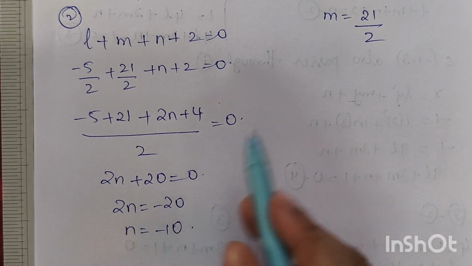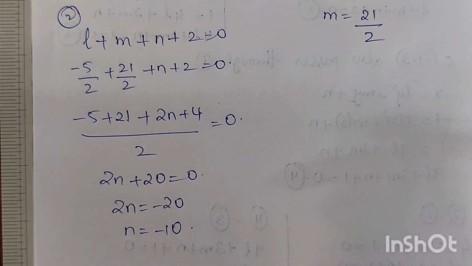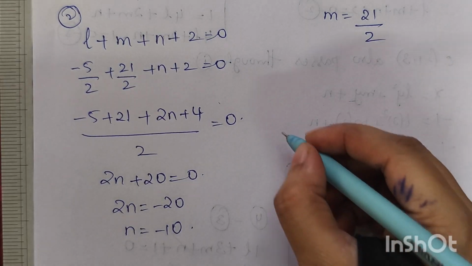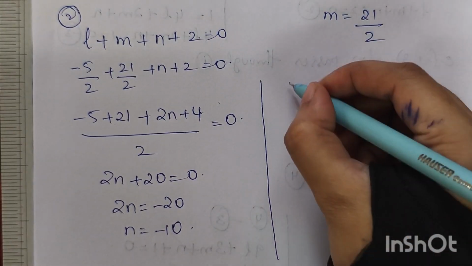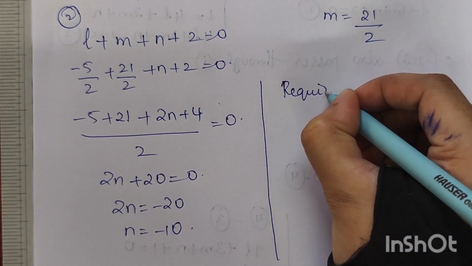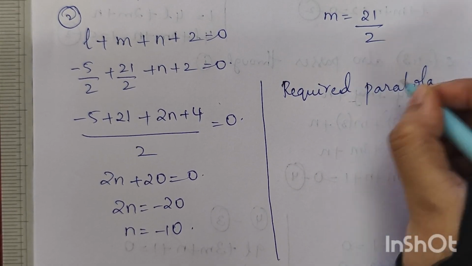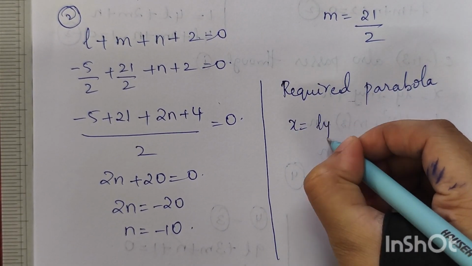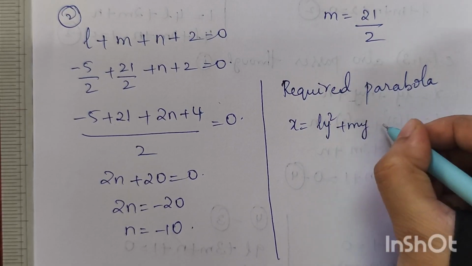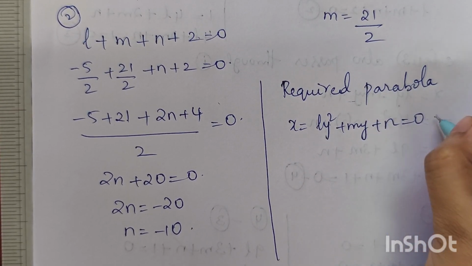Now we got the values of l, m and n, right? Now we should substitute in the required parabola equation x = ly square + my + n = 0.